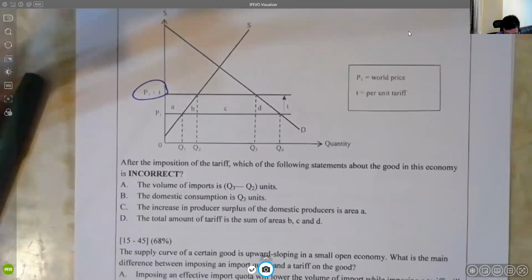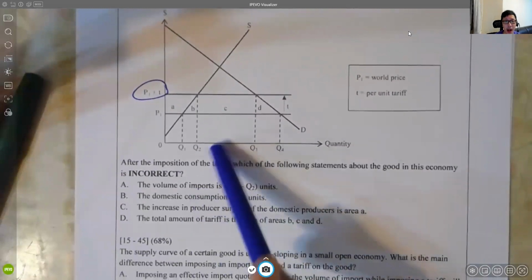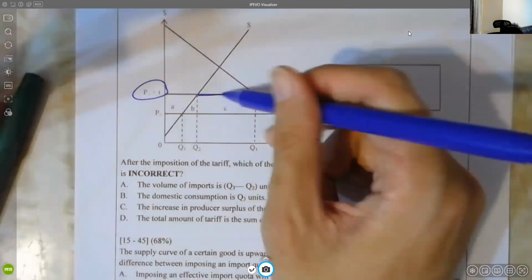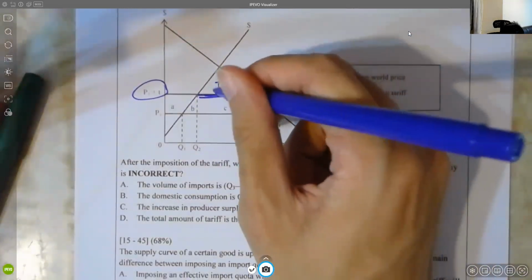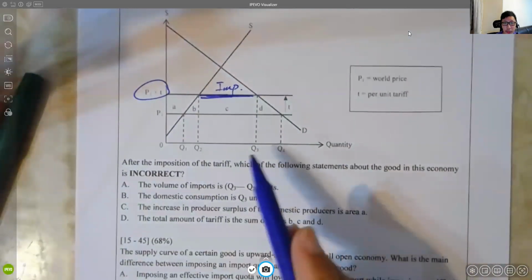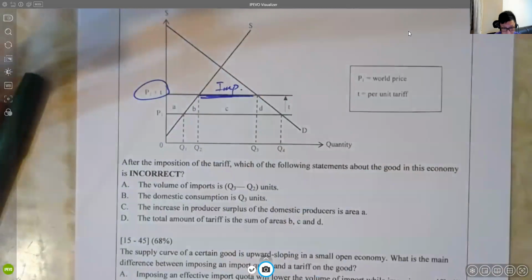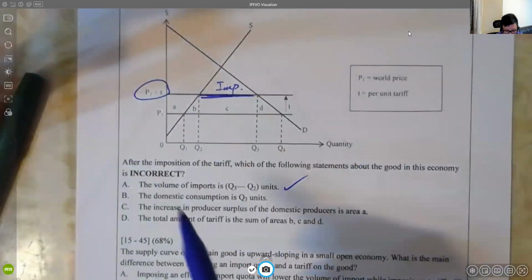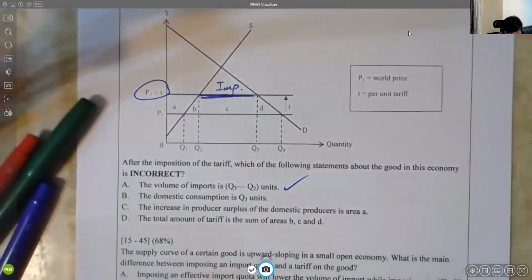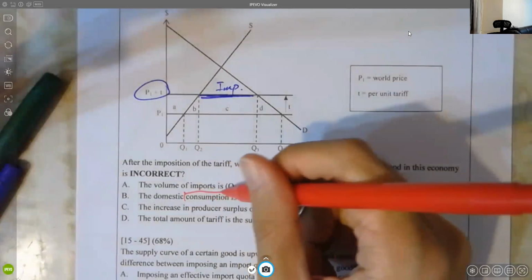Now which of the following is incorrect? First of all, the import volume after imposition, which part? This part will be our import, Q3 minus Q2. Yes, this is correct. Domestic consumption, be careful, okay? What is the domestic consumption?